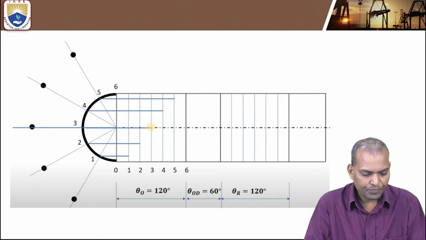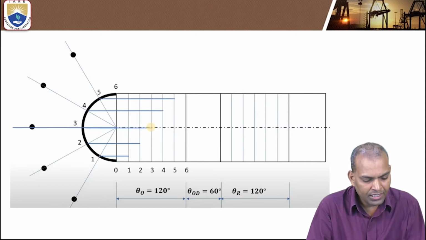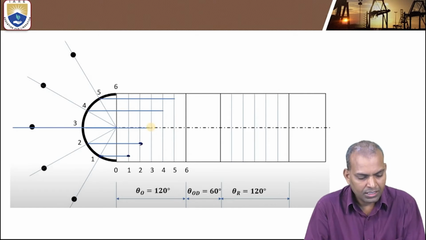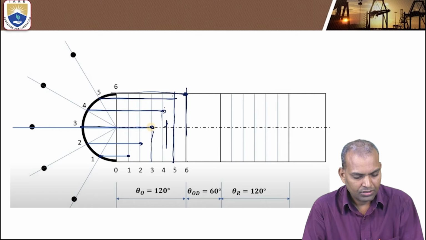After doing this step, the next step is to join 1 with 1 line, 2 with 2 vertical line. This is the 3 horizontal with the 3 vertical lines, the 4 horizontal and 4 vertical, 5 horizontal and 5 vertical, 6 horizontal and 6 vertical.